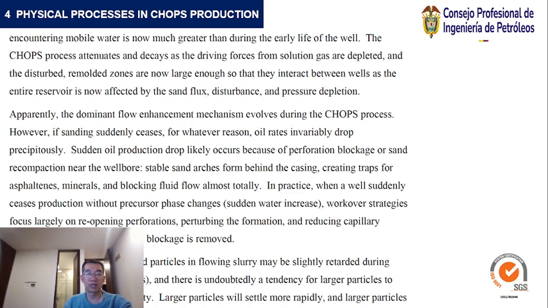Because of a higher density, sand particles in the flowing slurry may be slightly retarded during flow, and there is undoubtedly a tendency for large particles to settle in the near wellbore vicinity.